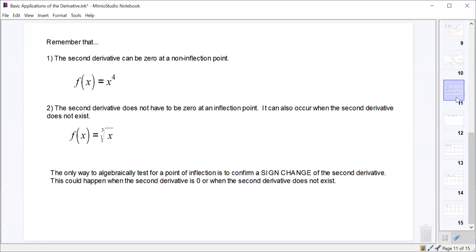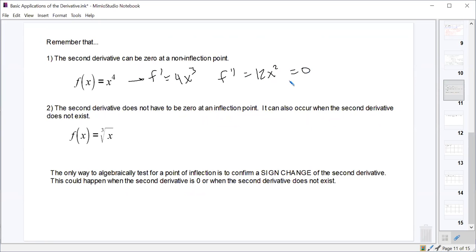All right, so just a couple of quick things to remember. First off, the second derivative being 0 does not necessarily make it a point of inflection. You can have the second derivative equaling 0 at a point that is not an inflection point. So if we look at this one, f prime is 4x cubed and f double prime is 12x squared.